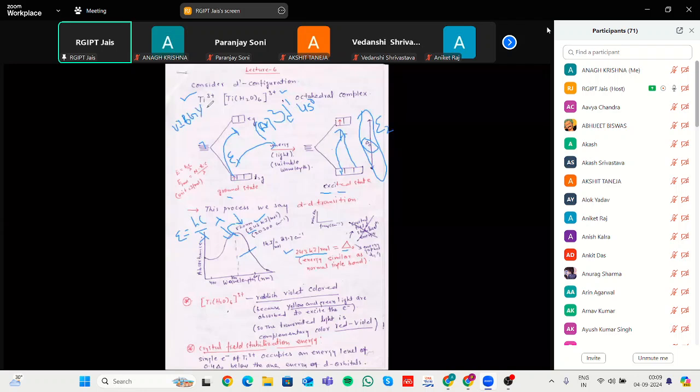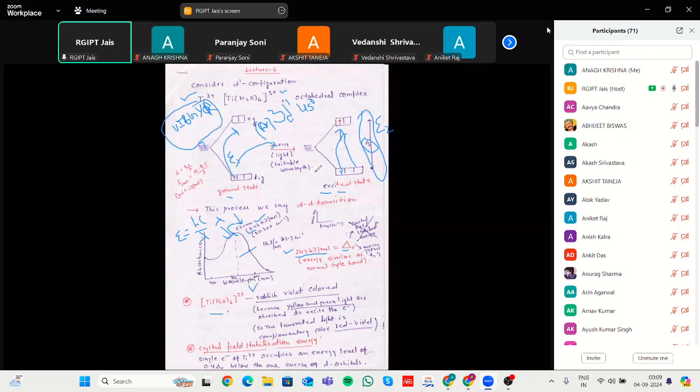That's why the transition metal complex shows VIBGYOR: violet, blue, green, yellow, or red. That's why that complex shows a red color.